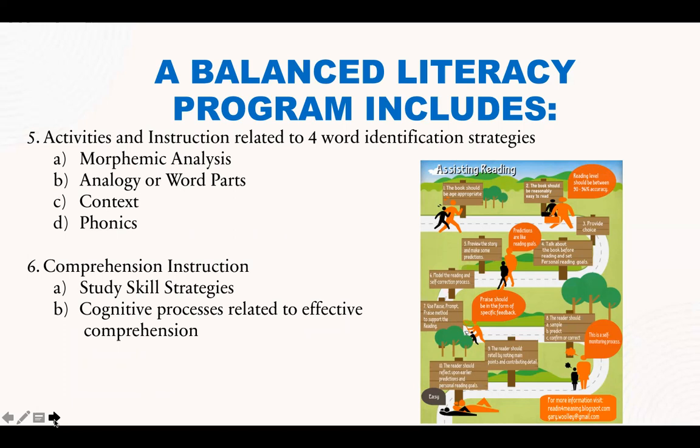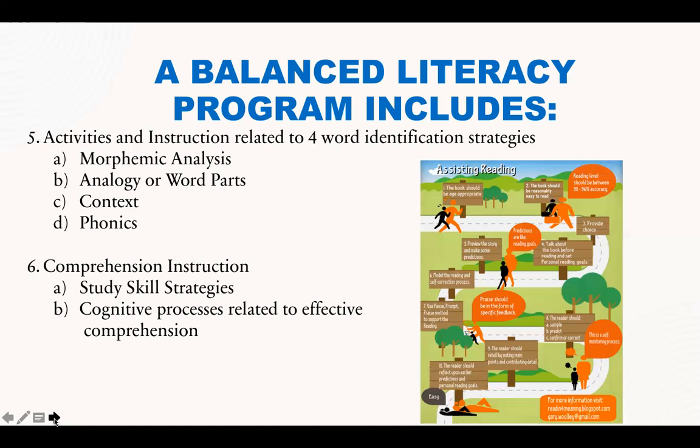There are 4 strategies for word identification: morphemic analysis, analogy or word parts, context or syntax, and then phonics. We will talk about these 4 strategies later, but you should be teaching all 4 of these strategies in a balanced literacy program. If you're only teaching phonics, then you're only saying sound the word out, right? You are giving students 1/4 of a reading education.